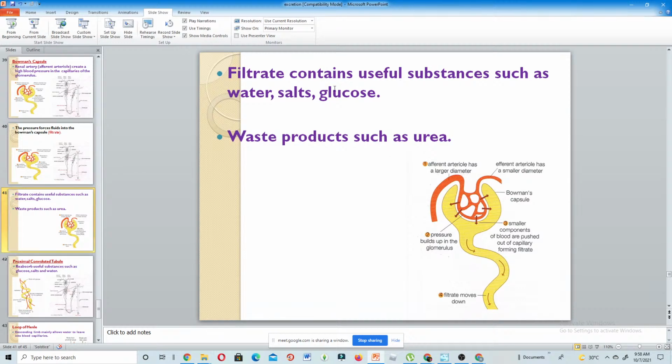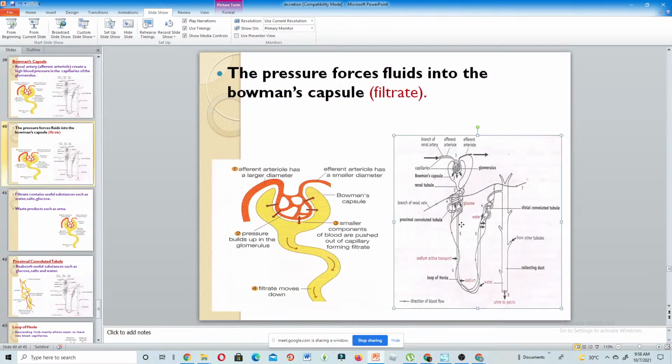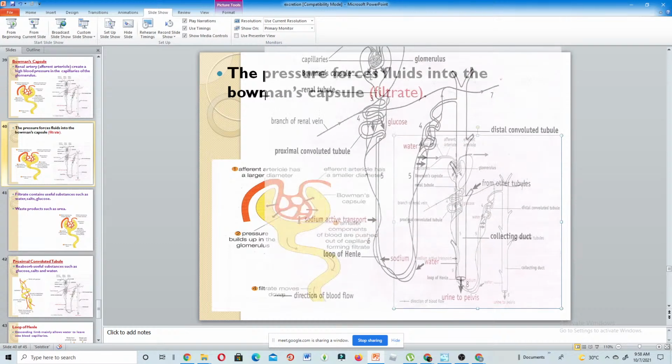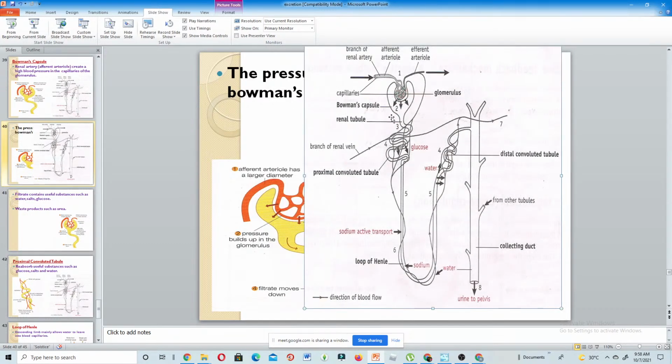All of those substances, both the useful and the waste ones, we're now going to see what happens to them as they move along the nephron. Because remember, if you follow the arrow, as time progresses it is going down the nephron. So let's bring up this entire section of the nephron. We have these arrows at number 2.